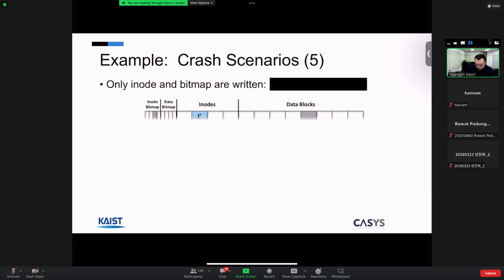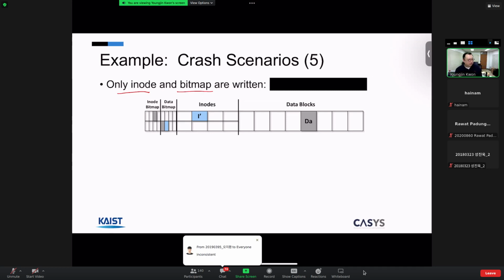Okay, fifth scenario. Let's make them a bit more complicated. Two cases. The inode and data bitmap are written. Consistent or inconsistent? Tricky.